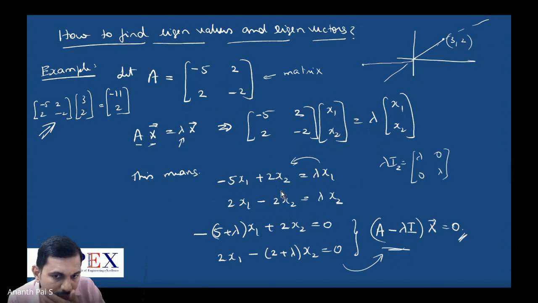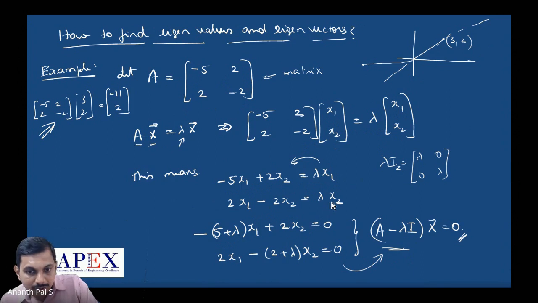Now what I can do is take this to the other side. If I take it to the other side, I get plus, minus lambda. So (5 plus lambda) into x1 plus 2 into x2 is equal to 0. And 2x1 minus (2 plus lambda) into x2 is equal to 0.